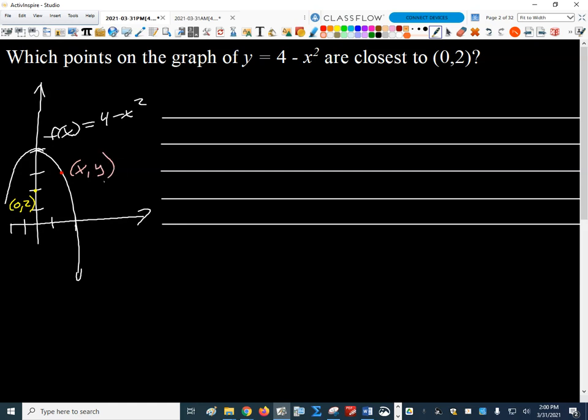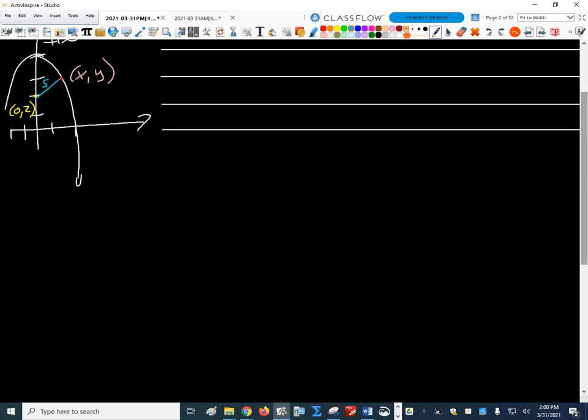And so if I wanted to come up with a distance function, the blue line represents the distance, right? Okay, how can I come up with a distance function? If I'm calling the distance, let's call the distance S. What's my equation then? And maybe I'll make this part of the picture a little bit bigger. Right, so I've got this point with coordinates 0, 2.